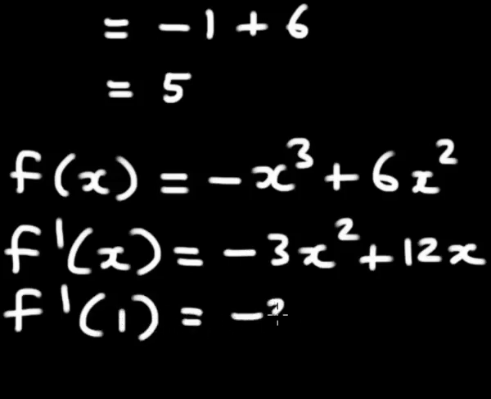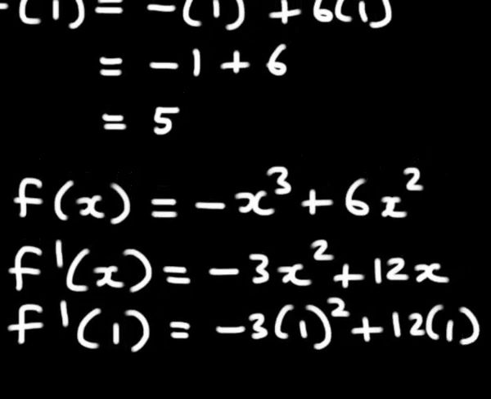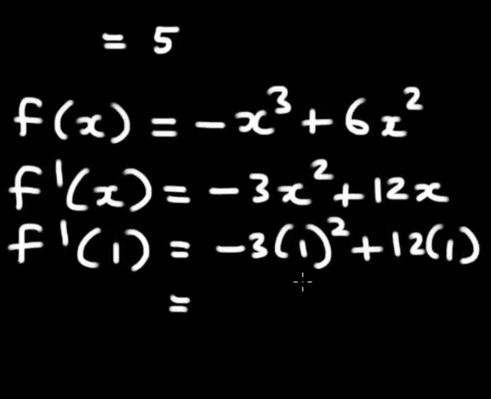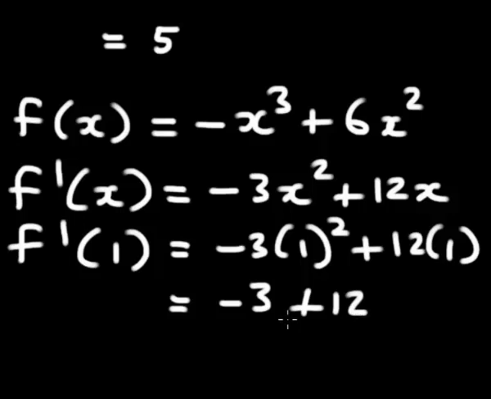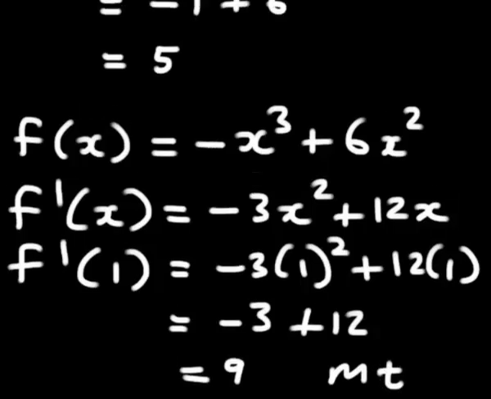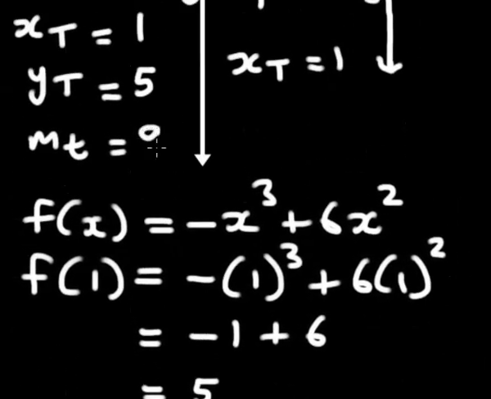So let's see, what is that going to give us? If we substitute 1 into the expression for the gradient, 1 squared is 1 times negative 3 is negative 3. 12 times 1 is 12, and negative 3 plus 12 is 9. So that is the gradient of the tangent. Okay, so we can fill it in there. The gradient of the tangent is in fact 9.